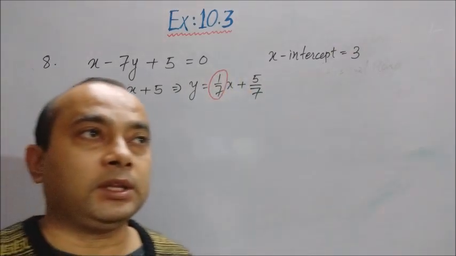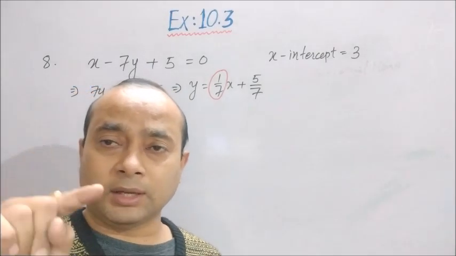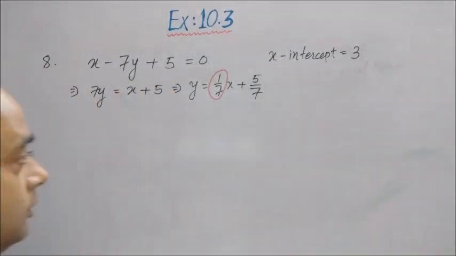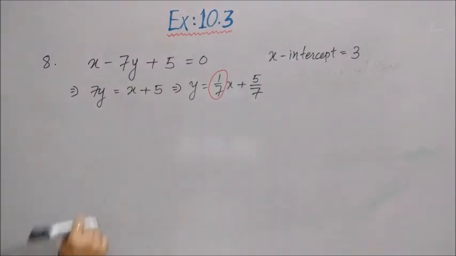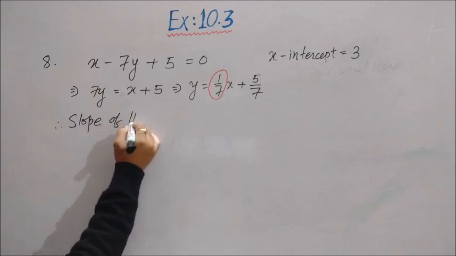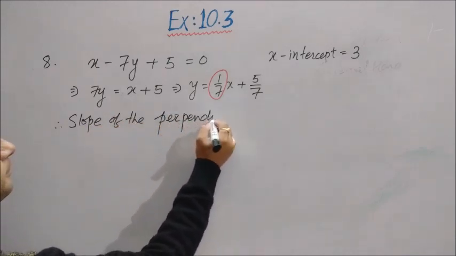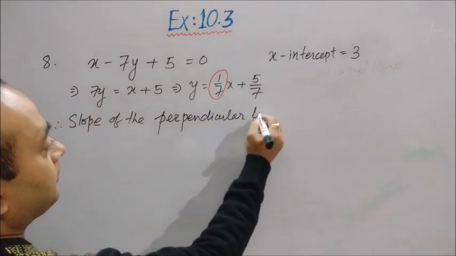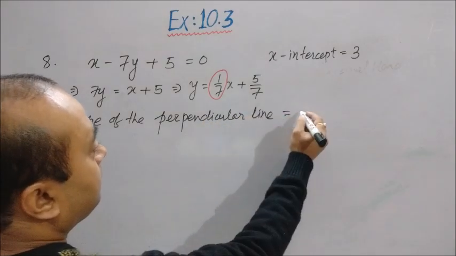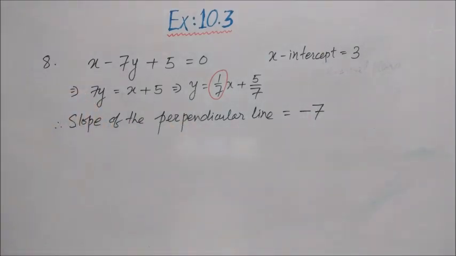And we know that if two lines are perpendicular, their slopes relate as m1 m2 equal to minus 1. So therefore the slope of the perpendicular line is equal to minus 7. If it was 1 by 7, that would be minus 7.